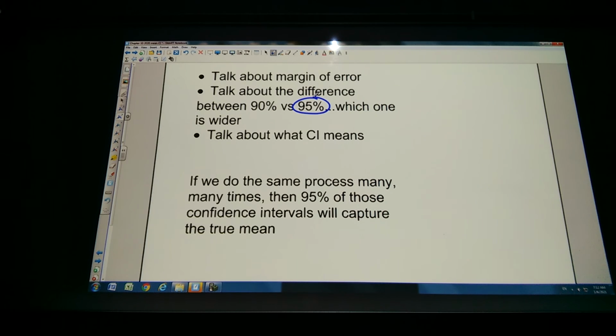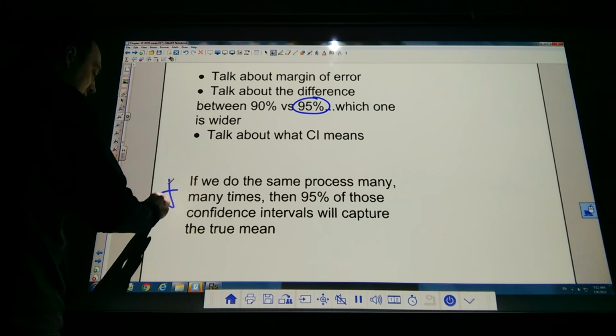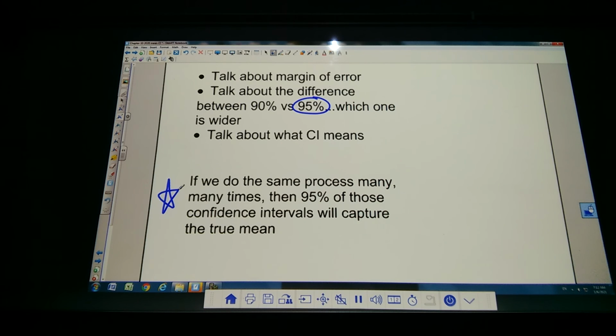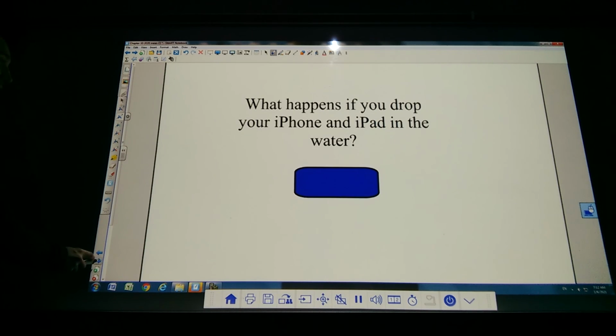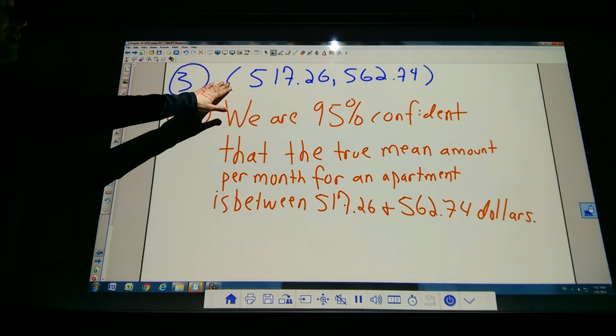Okay? And the very last thing that we're going to do for this video, I know we have a lot of notes today, but you don't have to do any work, so that's kind of nice, is what does a confidence interval mean? This is what a confidence level means. It means if we do the same process over and over again, we keep making these confidence intervals.